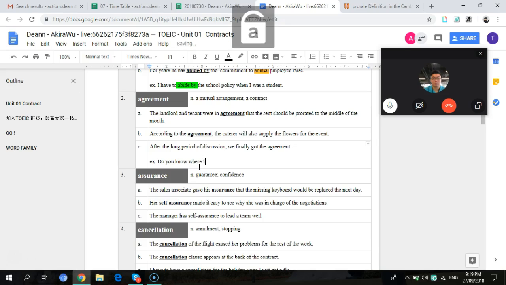Do you know where I can buy the agreement template paper?